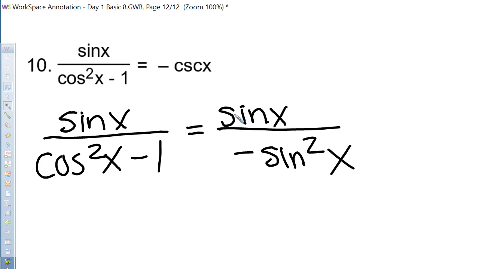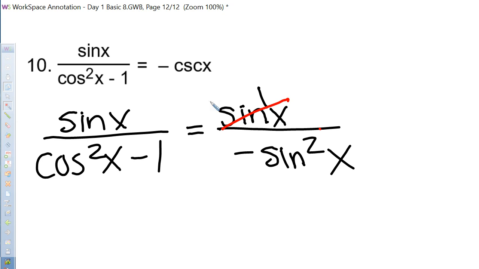Now do those cancel? In the denominator, this is sine squared, and in the numerator, this is sine to what power? The first power. So are those equal degrees? No. So that means only 1 in the numerator will cancel with only 1 in the denominator. So instead of having sine squared in the denominator, it's knocked down 1 degree.